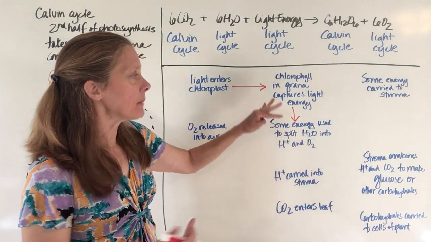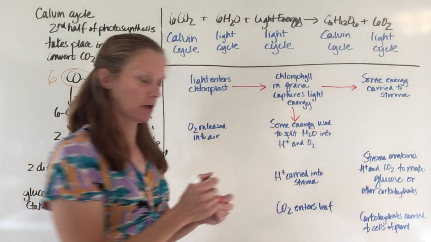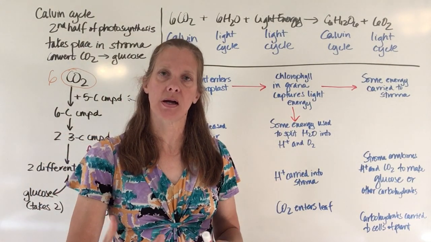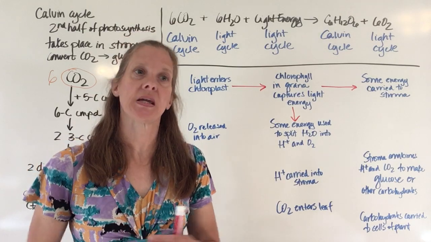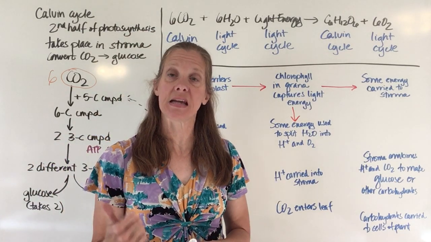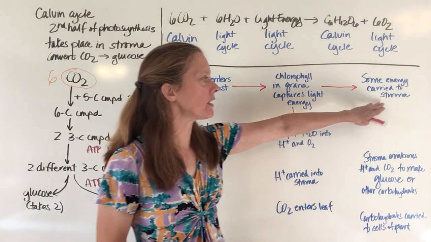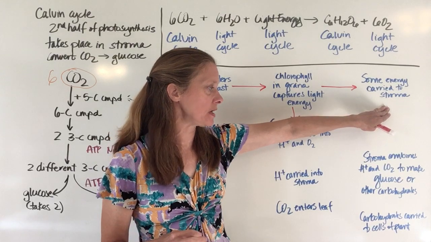Okay, some of the energy goes through the photosystem. It excites the electrons, which then go through the other photosystem. They get excited again, and they get turned into ATP and NADPH. So some of that energy is carried into the stroma, where I'm making the NADPH and the ATP.